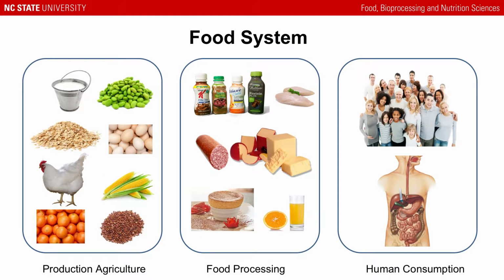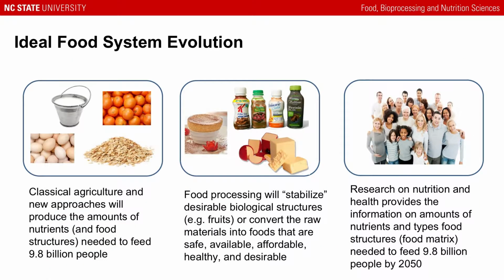So I kind of build on the general concept of food system as three critical elements. We've got production agriculture, food processing in the middle, and then human consumption on the other extreme. So with that in mind, an ideal food system evolution, how we would develop that system, is we start with the input, the end outcome of what we want to have.